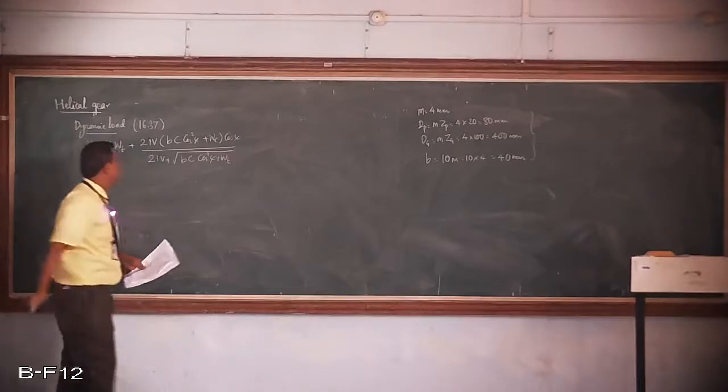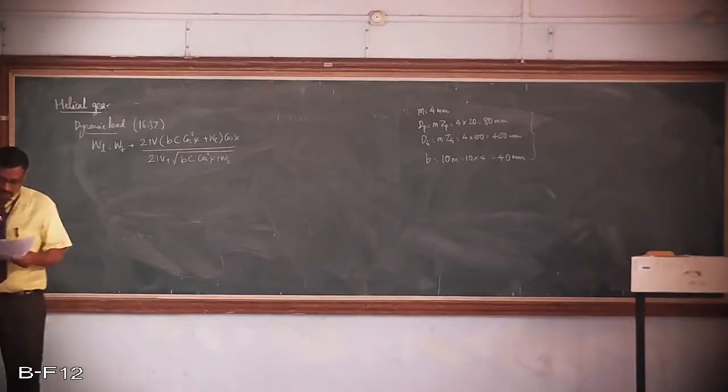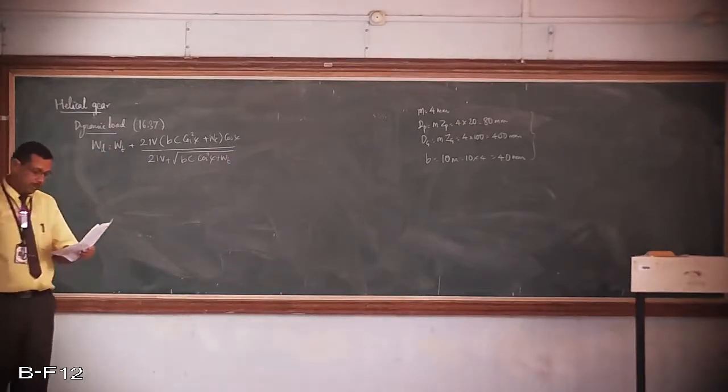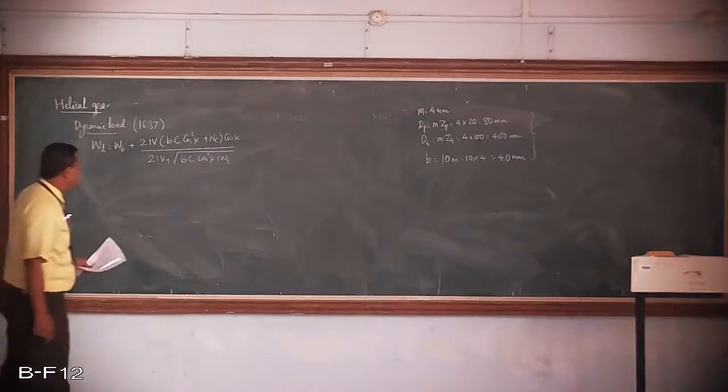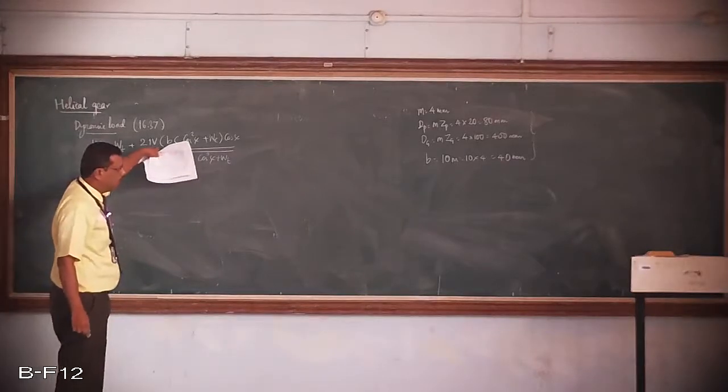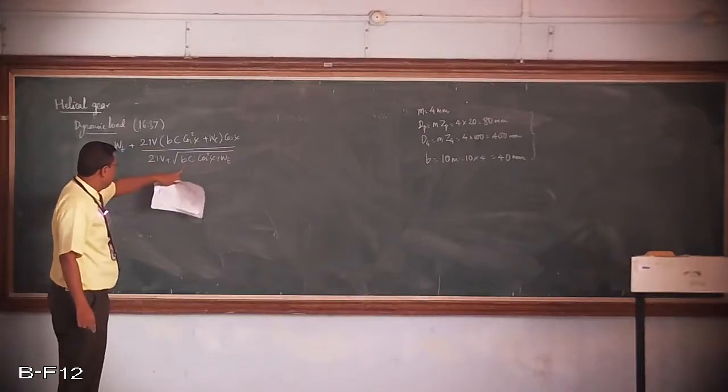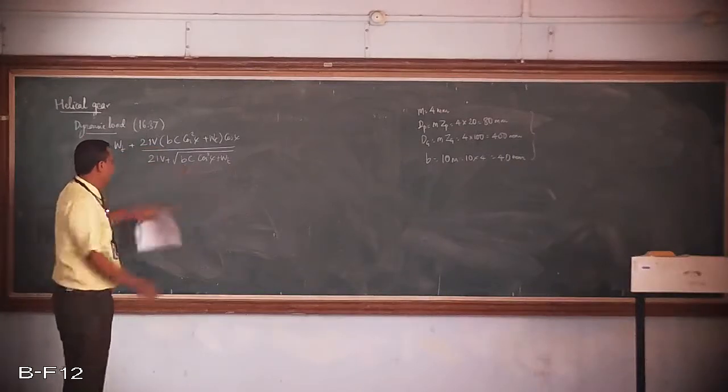This is equation 16.37 to find out the dynamic load. Now substitute all the values. Here we need to substitute the velocity of the gear. Face width is 40.